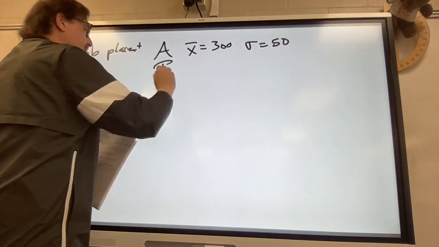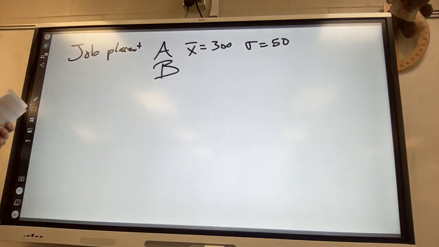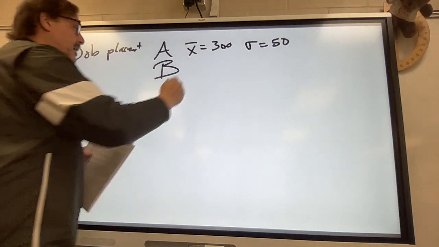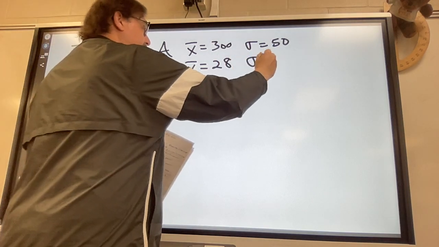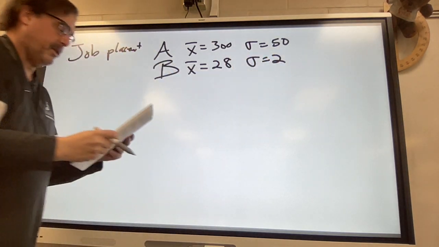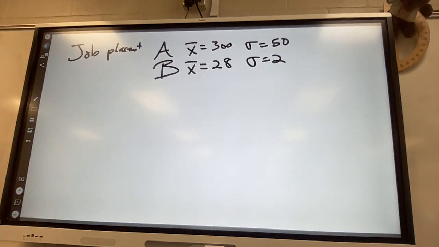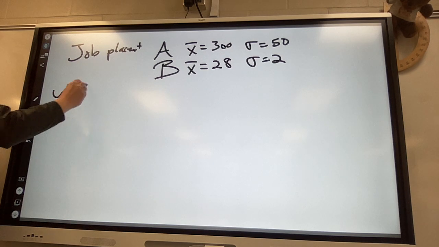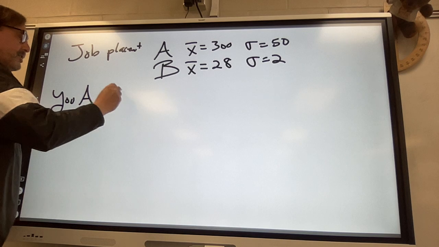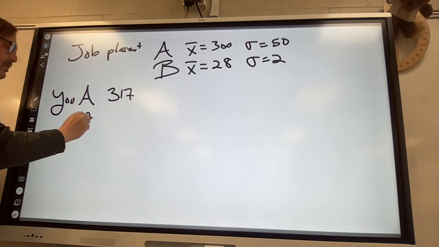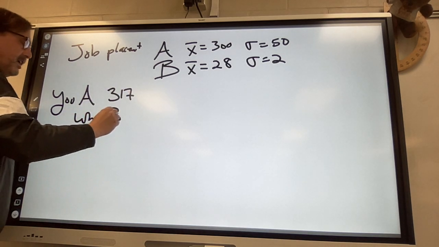The test just called test B has an x bar of 28 and a standard deviation of 2. All right, here we go. Let's see, you score a 317 on test A. What is your percentile?